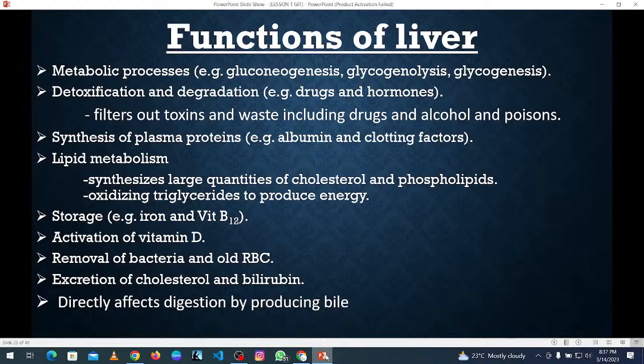We have the storage of vitamin B12. We have storage of iron. That's why when you want the surest source of iron, iron that is readily bioavailable, to be absorbed directly into the system, we are normally advised to take liver, because iron normally is stored in the liver.